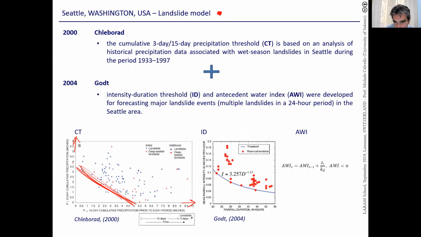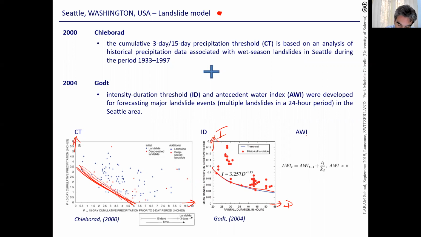But I'm basically highlighting that there is a threshold, and this is one of the 3 criteria that is used in this model. The second one is the more classical intensity duration, where you have hourly intensity on the y-axis, and duration in hours, in this case, on the x-axis. And also here there is a threshold that is devised, highlighted, and then produced.